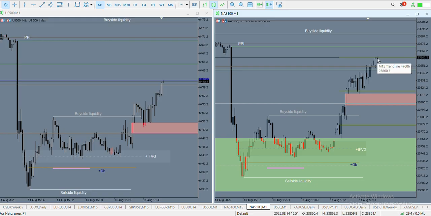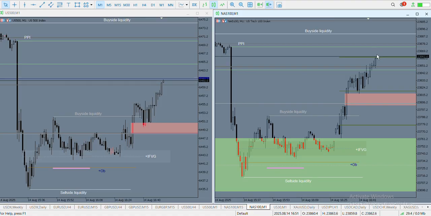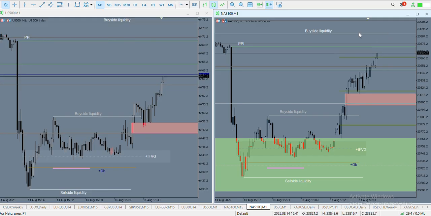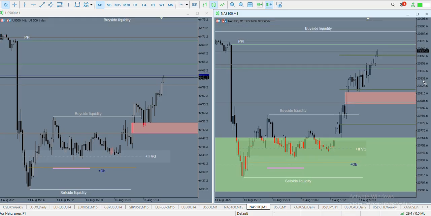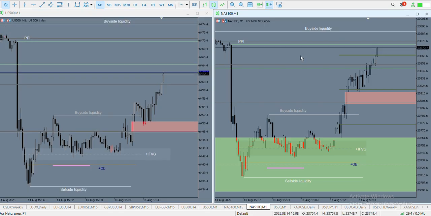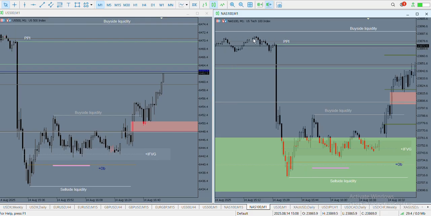NAS 100, this candlestick high is 862.3. Beautiful price delivery there. I want to see these 23,891.0 now. And I want to see fast price delivery because there is a pool of buy side resting above this relative equal high here.